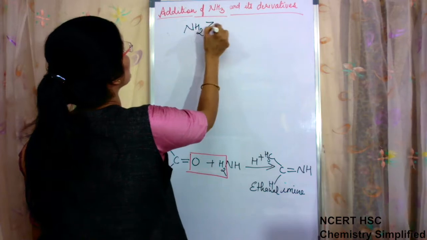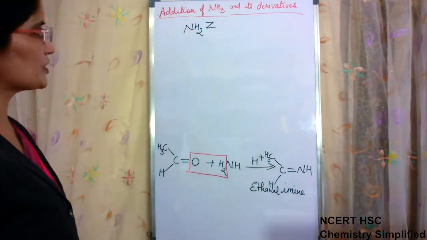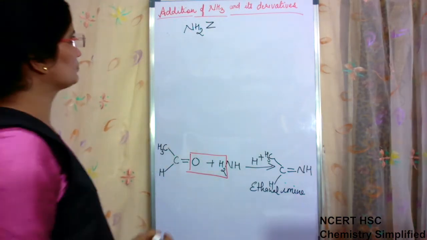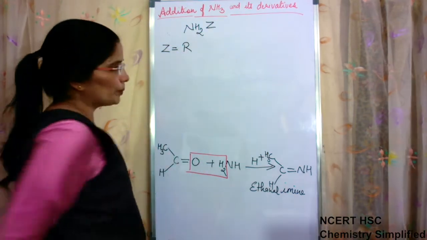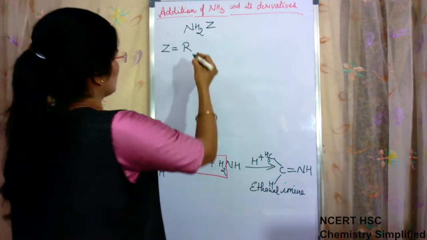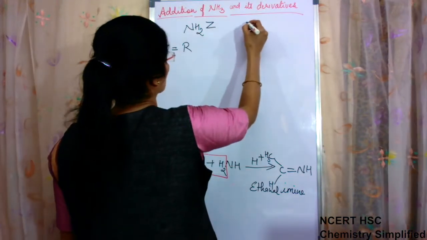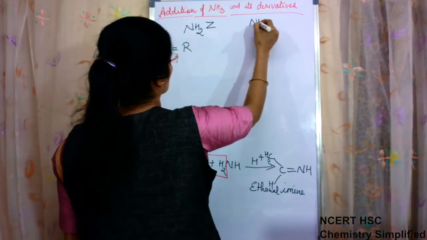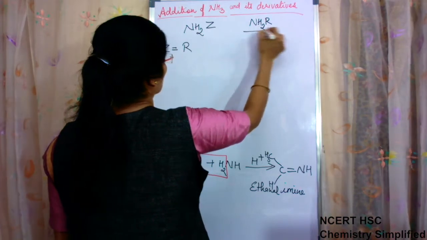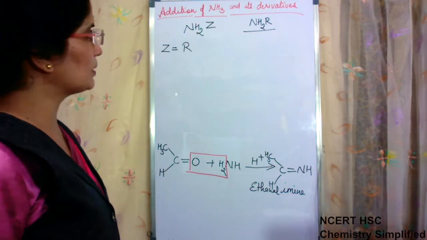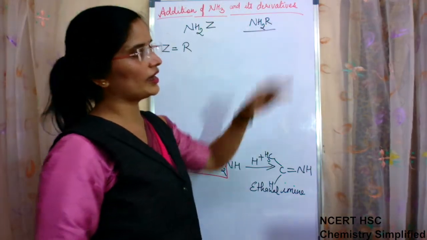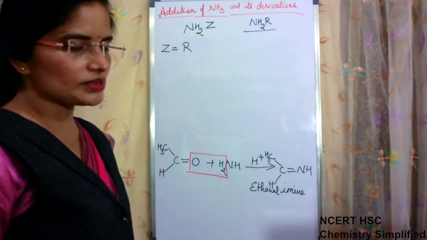NH2Z. That Z is a substituent attached to ammonia. This Z may be an alkyl group, or suppose I write here alkyl group, NH2R, so it becomes alkyl amine, primary amine, 1 degree amine, one of the hydrogens replaced by an alkyl group. So this becomes primary amine.